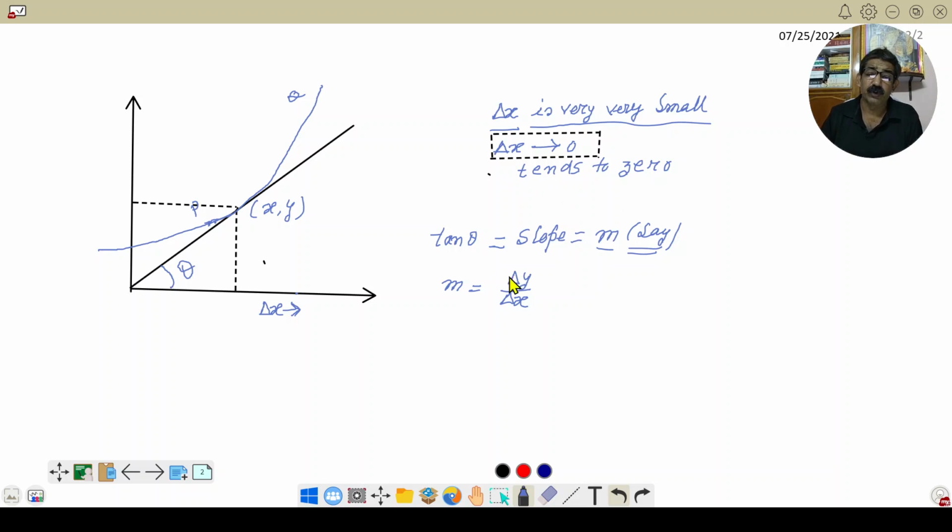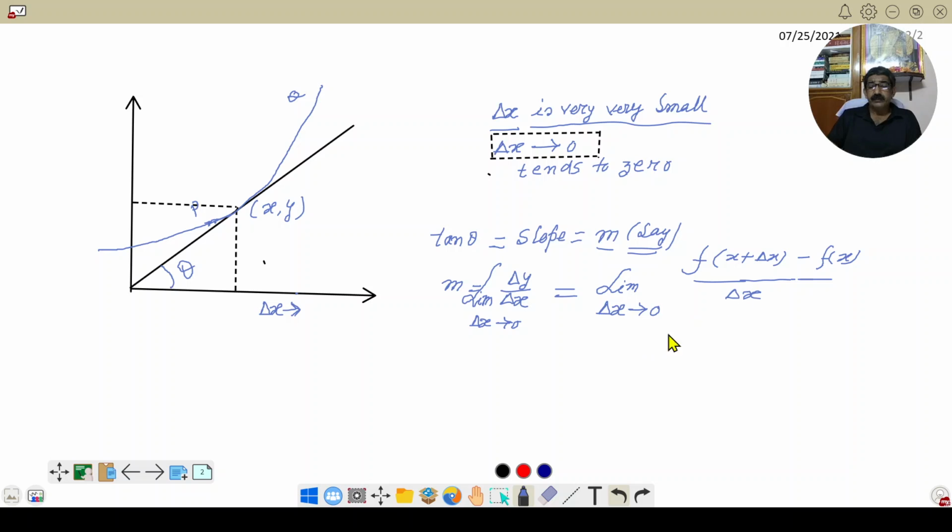When delta x tends to 0, and that is written as limit delta x tends to 0 of delta y by delta x. This can be written in abbreviation as lim, delta x tends to 0, of f of x plus delta x minus f of x, whole divided by delta x.